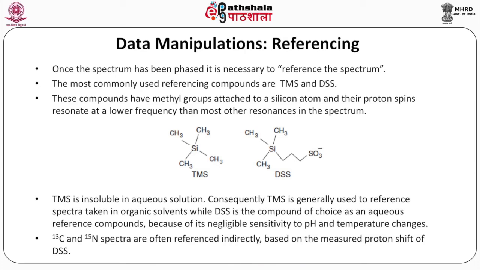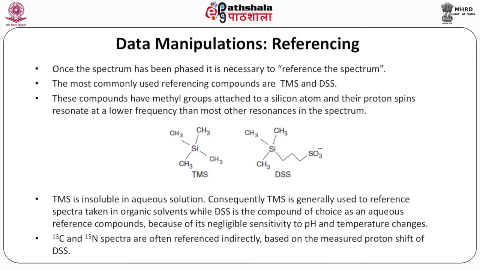So, you can see the structure of TMS, it is tetramethyl silane, and DSS is a derivative having 3 methyl groups attached to silane, and it is a sulfonate derivative which makes it soluble in water. TMS is insoluble in aqueous solution.